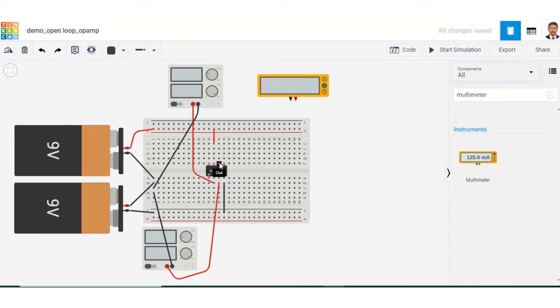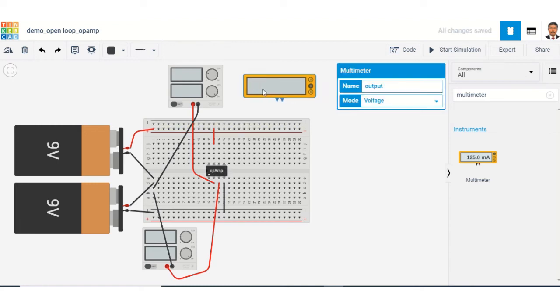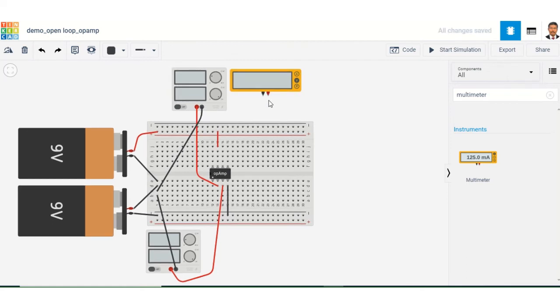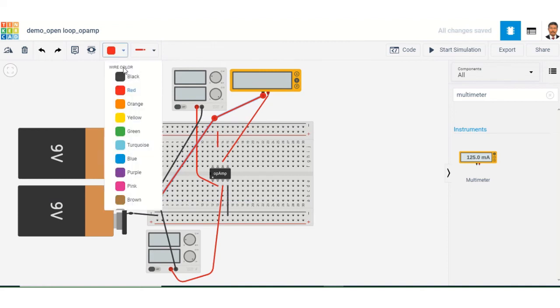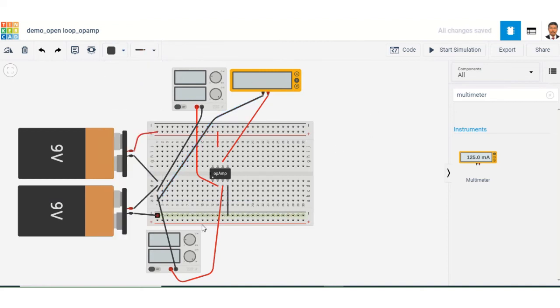It is pin number 6. This is the positive, so I'm going to give positive to pin number 6, and another terminal of the multimeter should be connected to the common terminal. Here is the common terminal and it is connected. So we are now done with the connection.